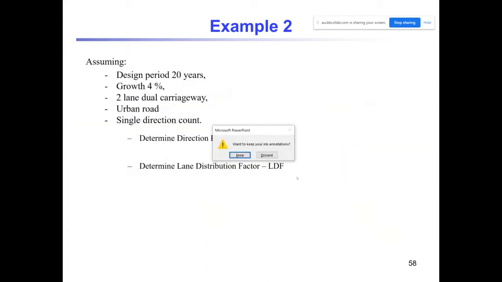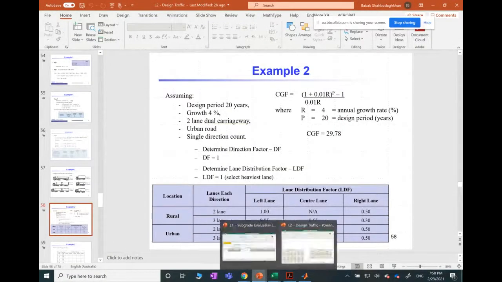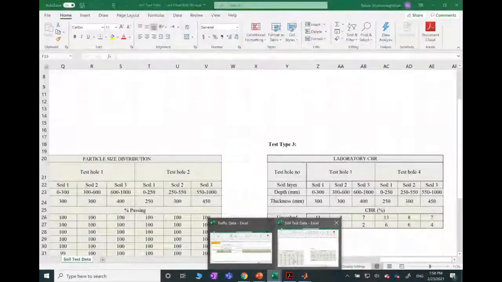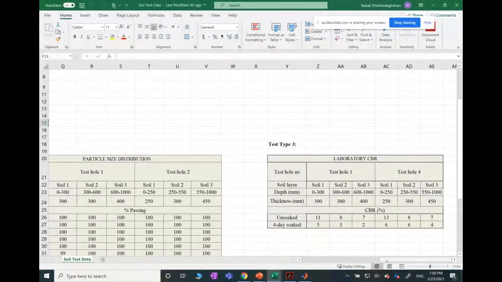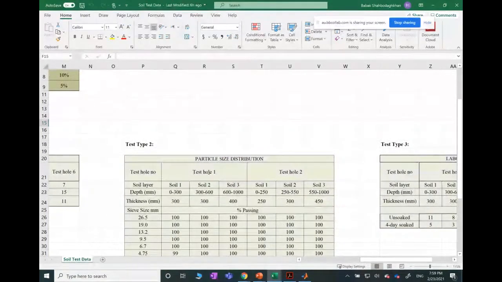So let's get back to subgrade evaluation, soil test. These are all the data that I provided you. No, for particle size distribution, I only gave you borehole 1 and borehole 2 input data. So there is none for borehole 4.